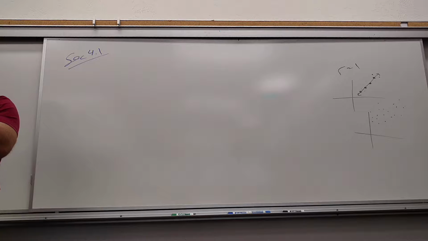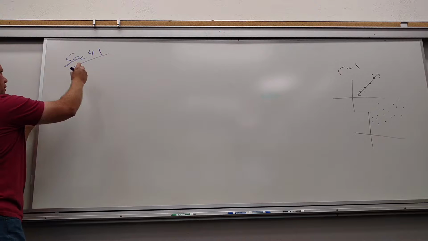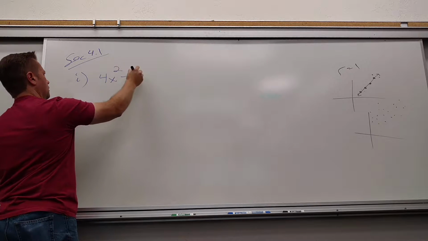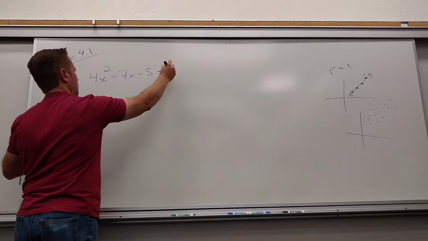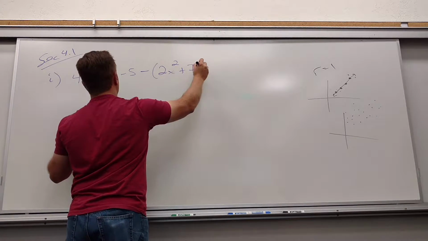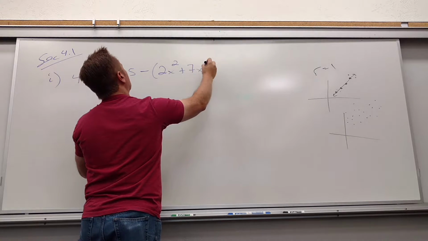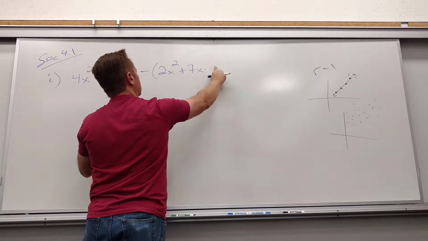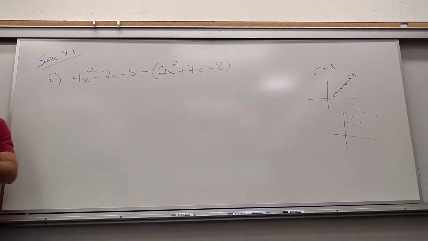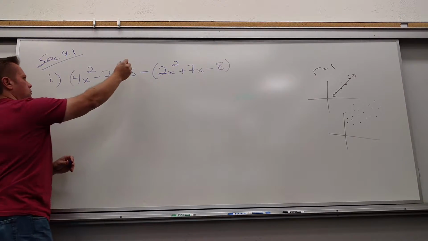We talked about combining like terms a bit. So how would I do this? Let's do this first. Let's say... Coolness. So combining these two polynomials.